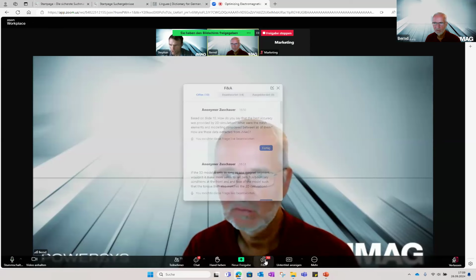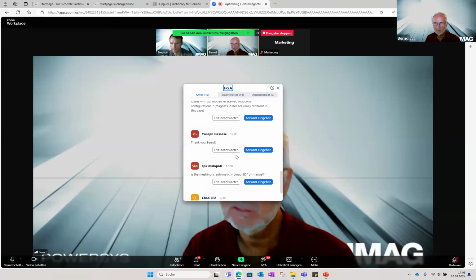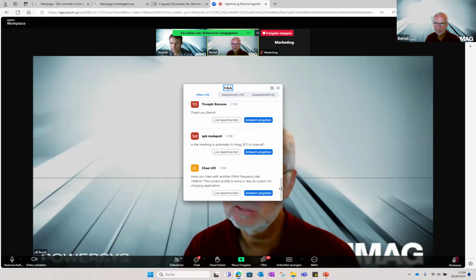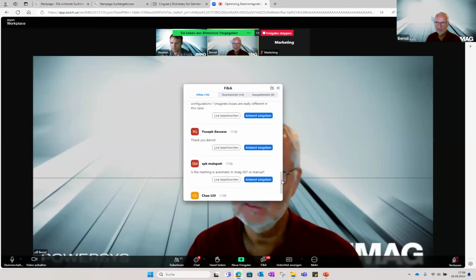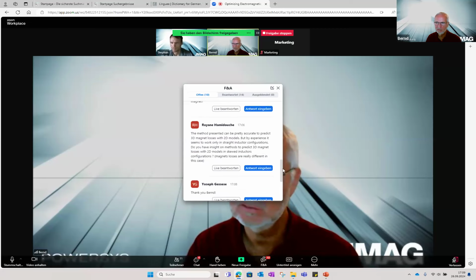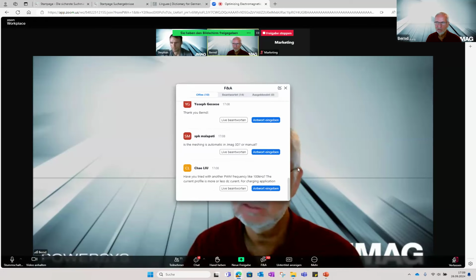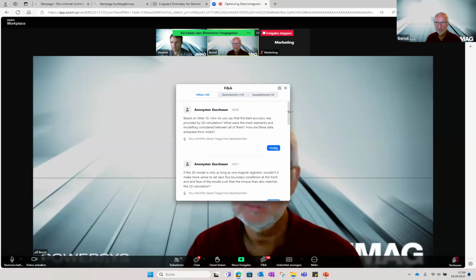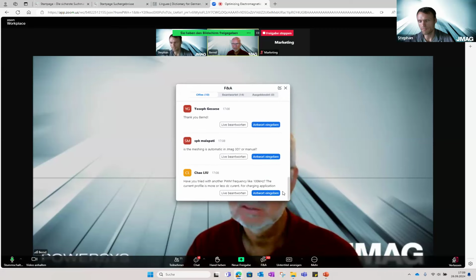Sure. And there was a question if you have tried other PWM frequencies like 100 kilohertz. I think it's not used in EVs. Nobody uses 100 kilohertz in a real inverter, not even with silicon carbide, because the losses would be too high. But generally, did you compare other PWM frequencies? Not in this case.